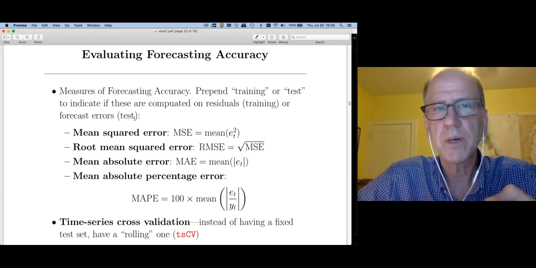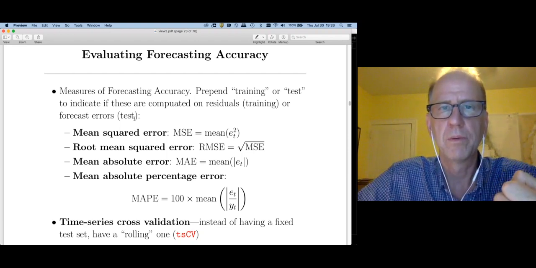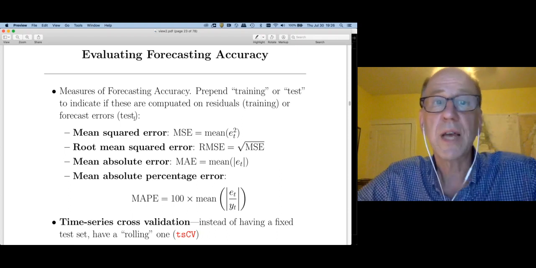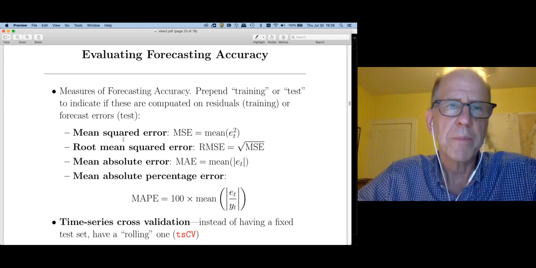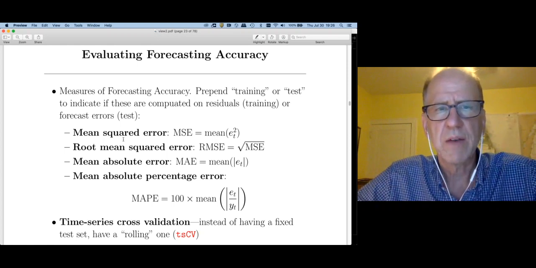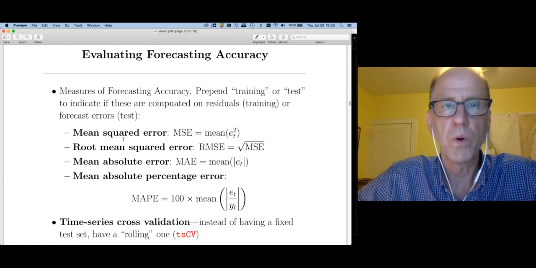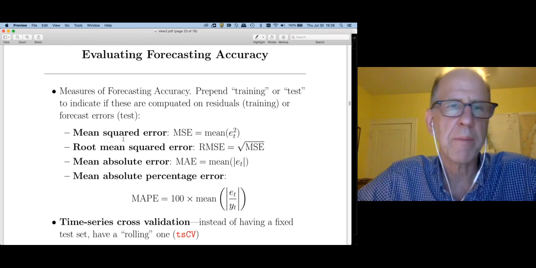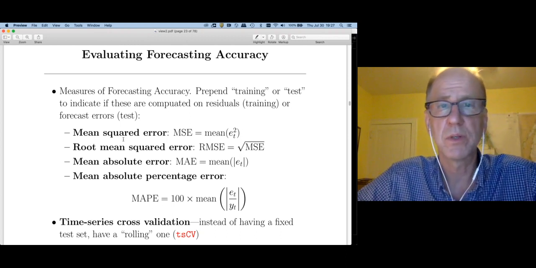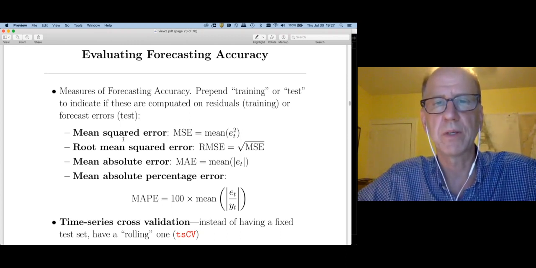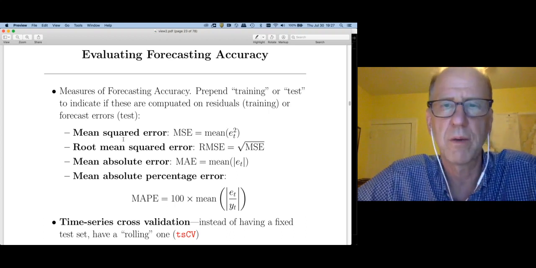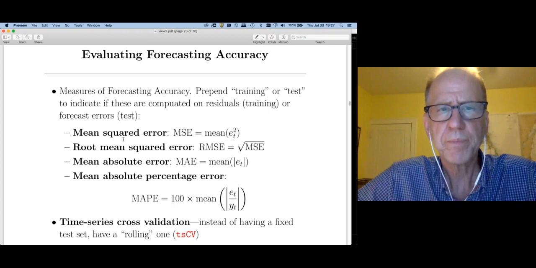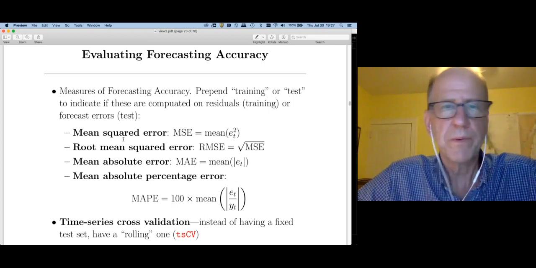So it was a summary of the residuals, and we're going to do exactly the same thing with our forecasting models. The book gives about 6 or 7 of them. I'm just going to present 4 that are probably the most common ones. There are a couple of others in the book that are also used, but this will give us a flavor of what's going on.